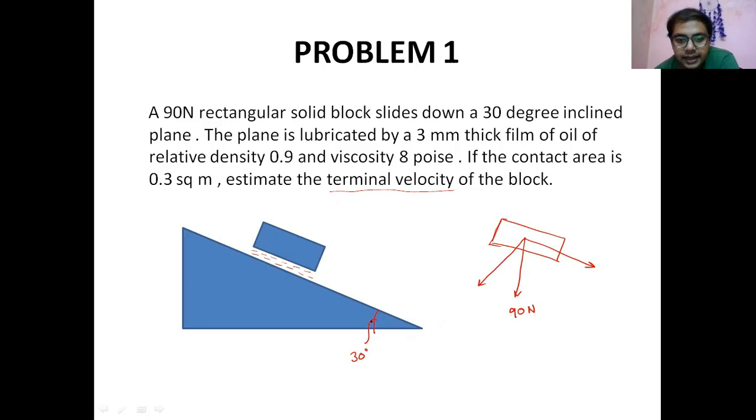As this angle is 30, this angle will also be 30, because this is perpendicular to the plane, and the horizontal plane is perpendicular too. This side is the cos component, this side the sine component.